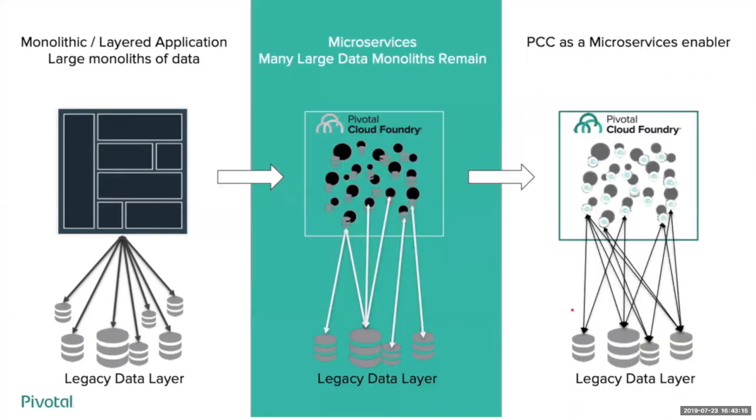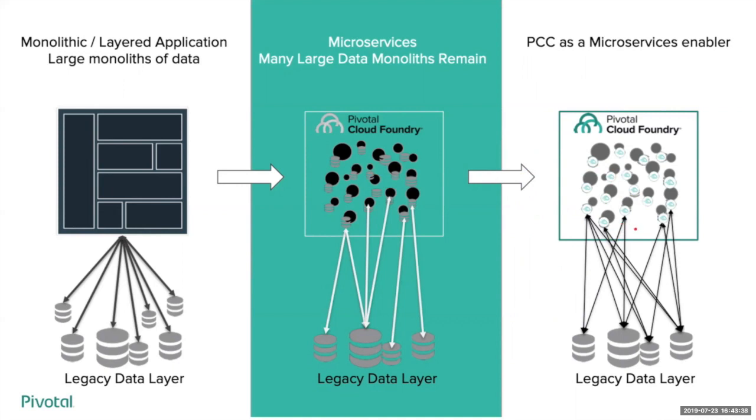So the solution here is Pivotal Cloud Cache. As you can see, with these microservices, instead of databases, now you can see the logo of PCC. Now the Cloud Cache acts as a face or the serving layer for many of the microservices.